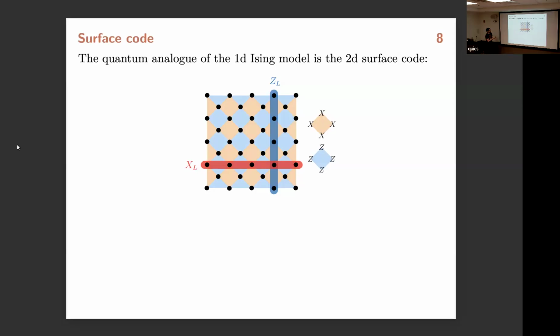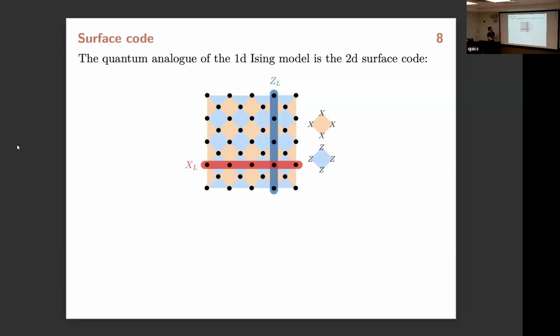And you can see that there exists at least one logical operator where the Pauli Z logical is a product of Z's along a vertical line, and the X is a product on the horizontal line in this notation. You can see that, for example, the red line always intersects an even number of times with the blue squares.